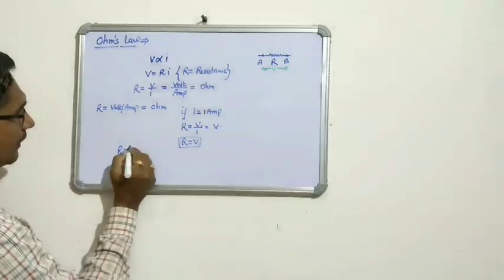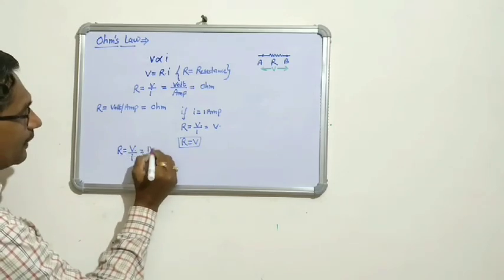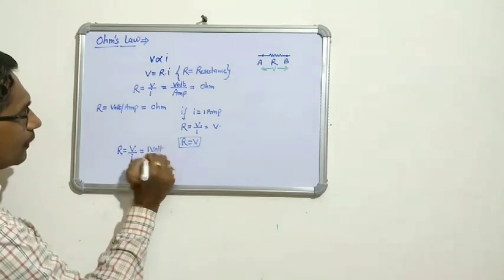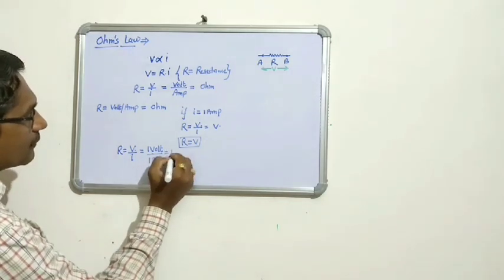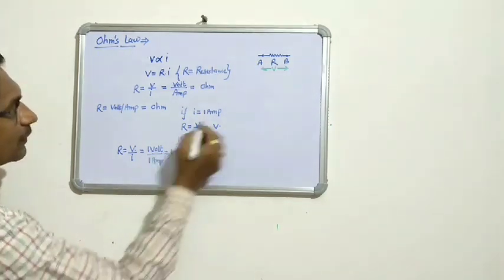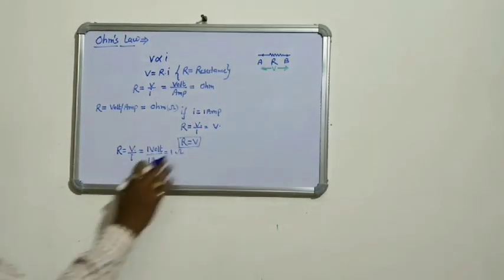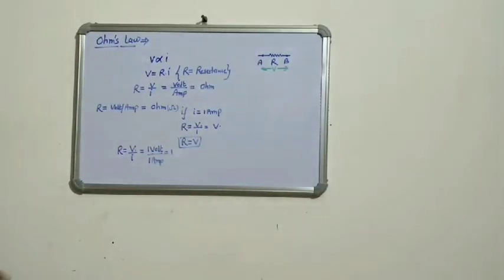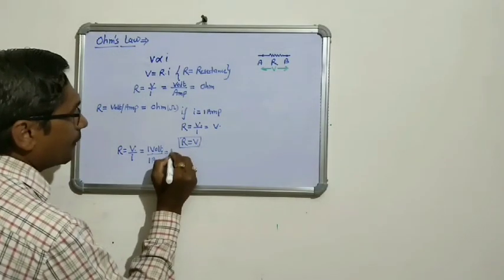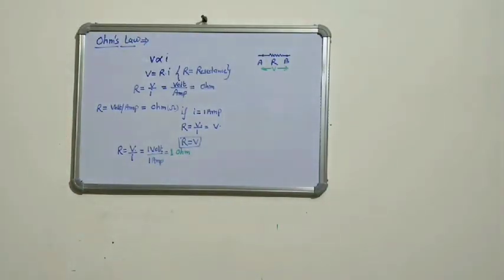R equals V by I. Suppose V equals 1 volt, I equals 1 ampere, then R equals 1 ohm. Sign of ohm is this, 1 ohm. So what is the definition of 1 ohm?